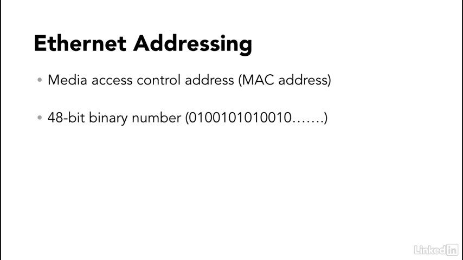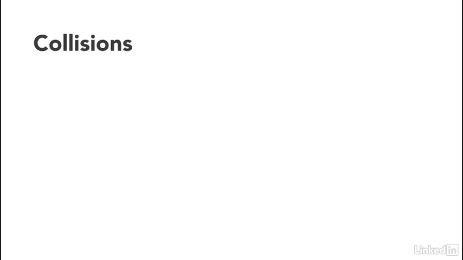So when one computer talks to another computer, they exchange this sequence of 48 binary numbers. But MAC addresses can be converted to a different format to make them easier for human beings to read. And typically we see MAC addresses as a 12-digit number with digits placed into groups of 2 with a dash between each group. The digits include the numbers 0 through 9 and also the letters A through F.